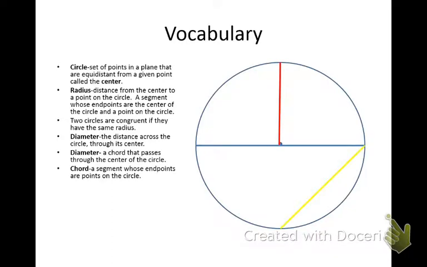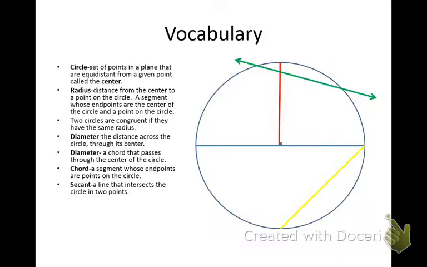Chord. A chord is a segment whose endpoints are on the circle. The yellow line is a chord. Secant is a line that intersects the circle in 2 points.